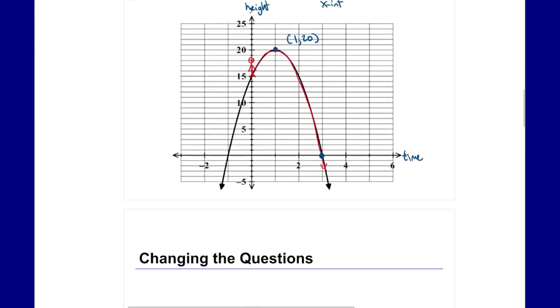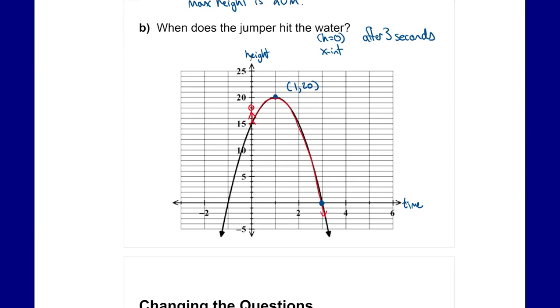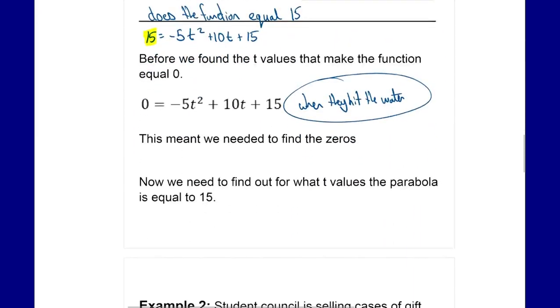If I go back up to my graph, there are 2 points. Height is the y value, so where do I see a height of 15? I see one here and here, at 0 seconds and at 2 seconds. What does this mean?